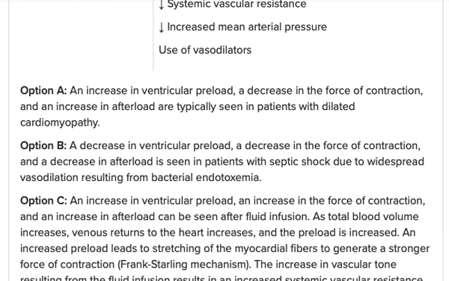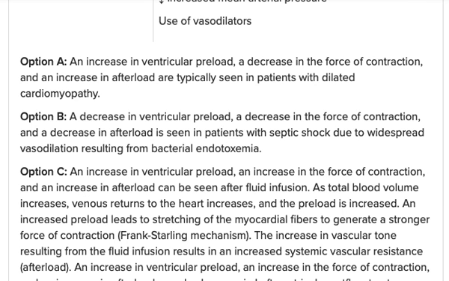Option A, an increase in ventricular preload, a decrease in force of contraction, and an increase in afterload, is typically seen in patients with dilated cardiomyopathy.